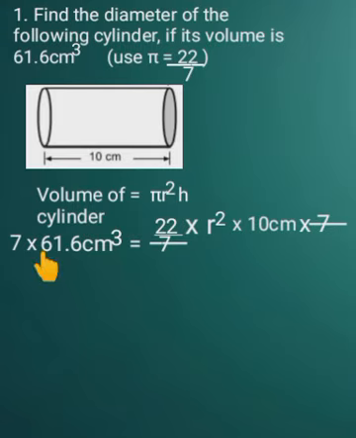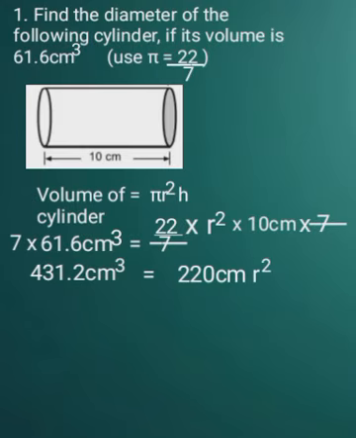So here when you multiply by 7, the 7s cancel out, then you take 61.6 times 7. Once you multiply here, you will get 431.2 centimeter cubic equal to 220 r squared. Here you will divide by 220 both sides, so you can remain with the r squared.